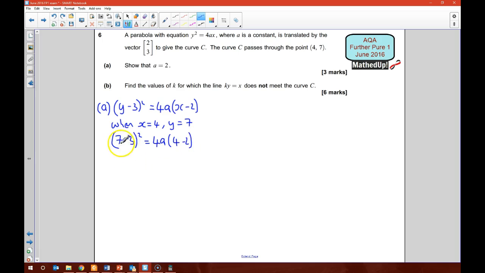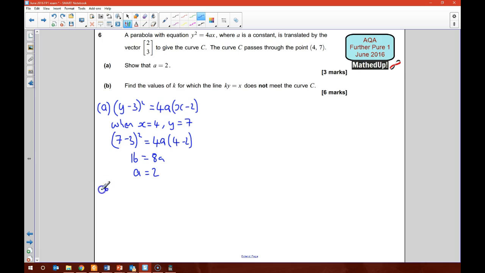So 7 take away 3 squared is 4 squared, which is 16, is equal to 4 times 2, which is 8. So 16 is equal to 8a, and therefore a is equal to 2. Okay, so we've shown that a is equal to 2.